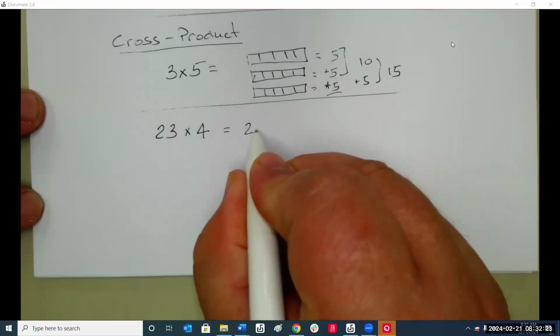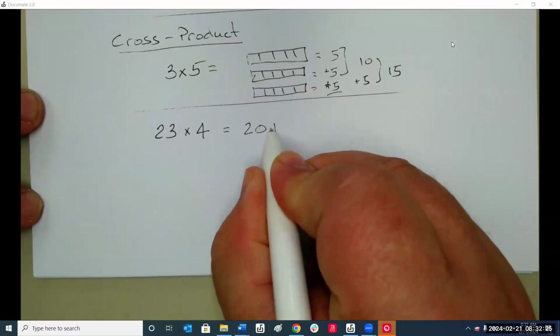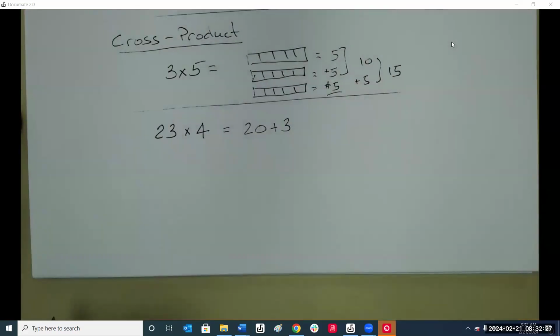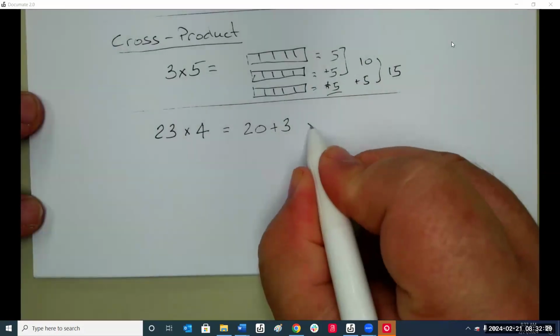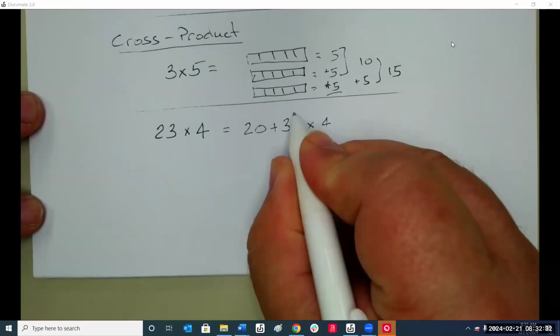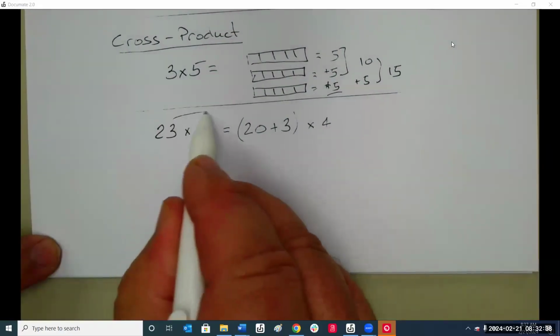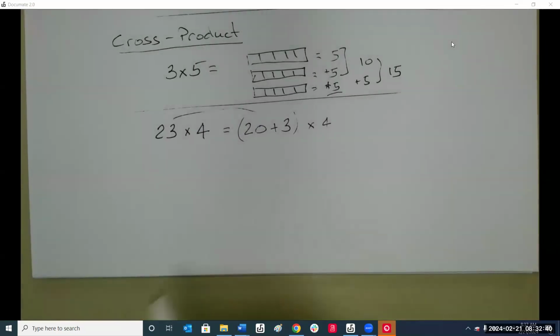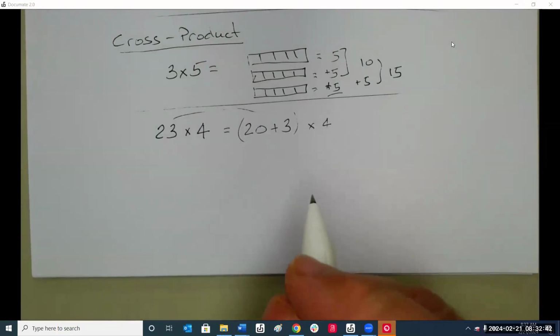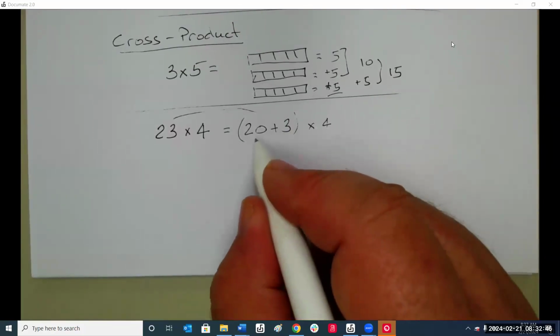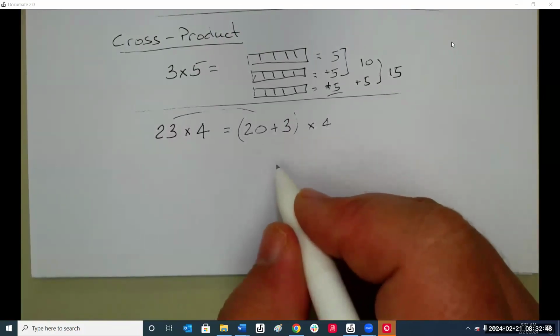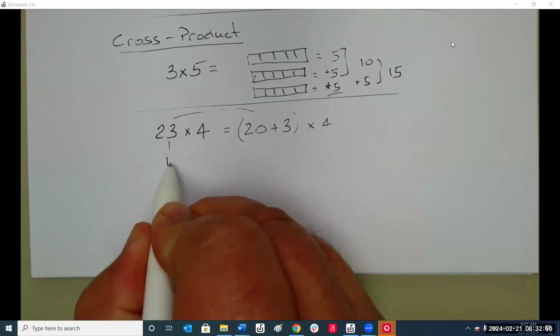So it's 20 plus 3 times 4. So 23 is 20 plus 3. So how do you represent 20 using manipulatives? This is the ones column.